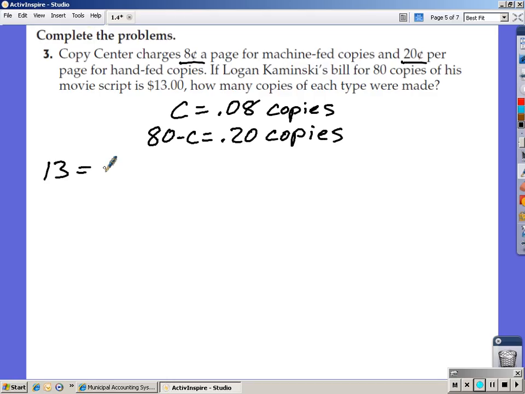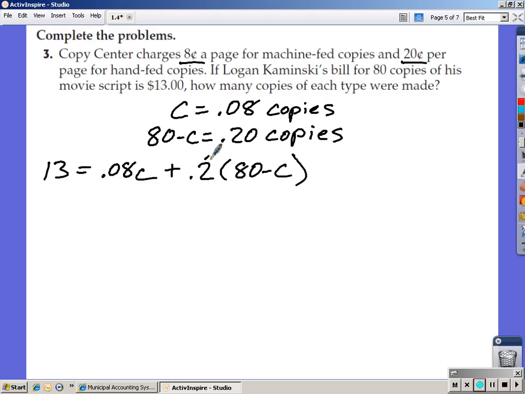Okay? $13 equals, we paid 8 cents a copy, here, 0.08C, plus we paid 20 cents a copy times 80 minus C. There's my setup.